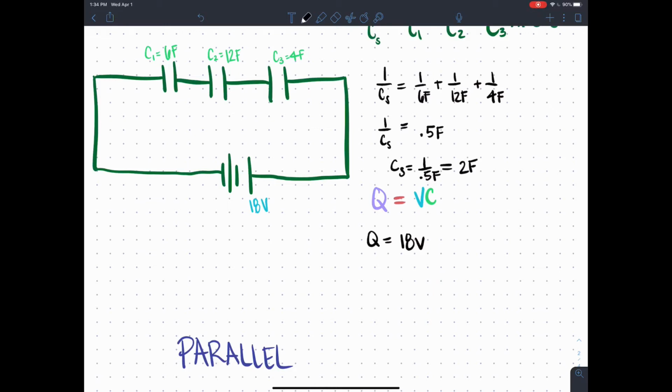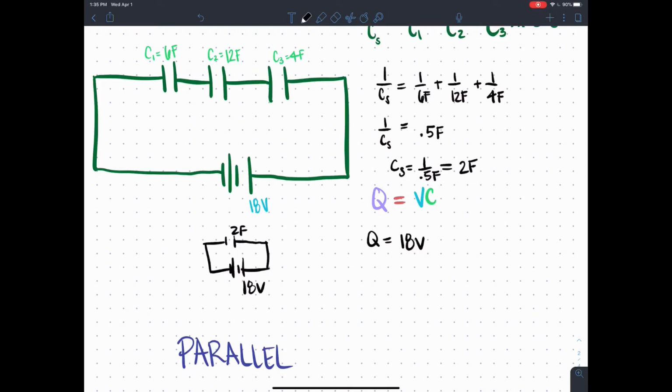We could even redraw this as a battery source of 18 volts being provided to a single capacitor that holds 2 farads.